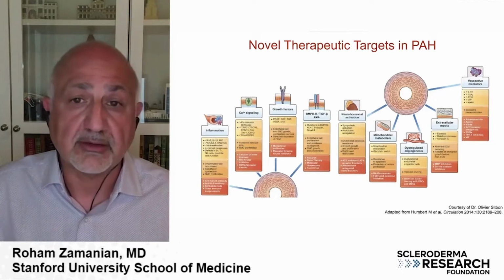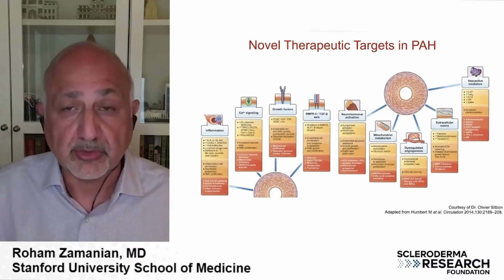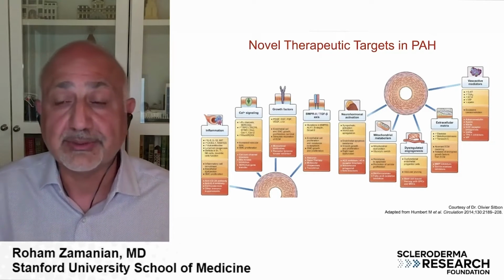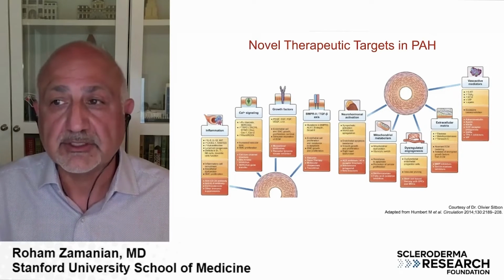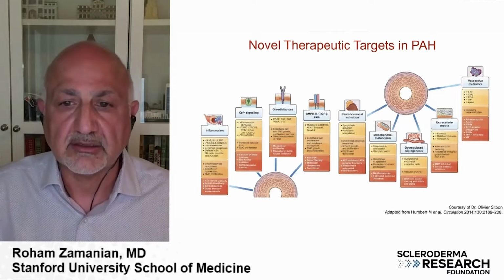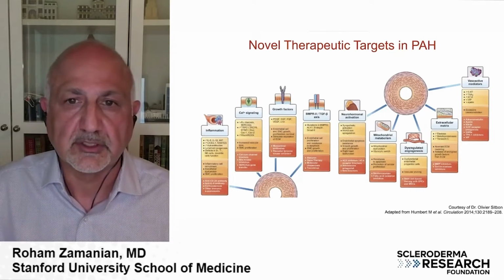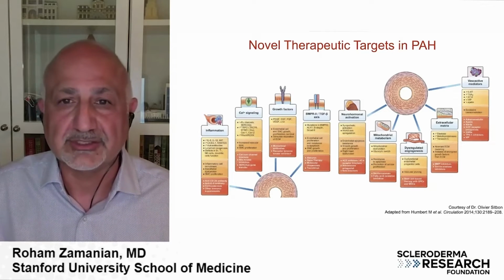And there is a good amount of evidence to show that mitochondrial metabolism and neurohormonal activation is abnormal across scleroderma. And we're testing therapies that impact that for pulmonary hypertension as well. So it's an exciting era in research for therapies for pulmonary hypertension, but more and more relevant to systemic sclerosis.